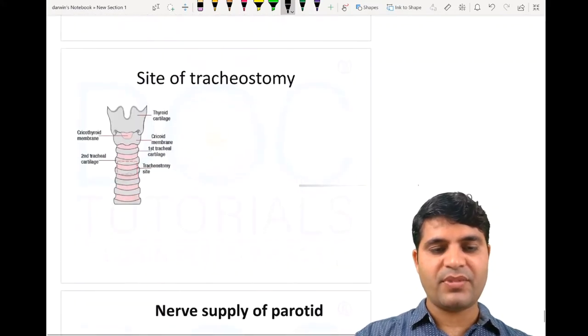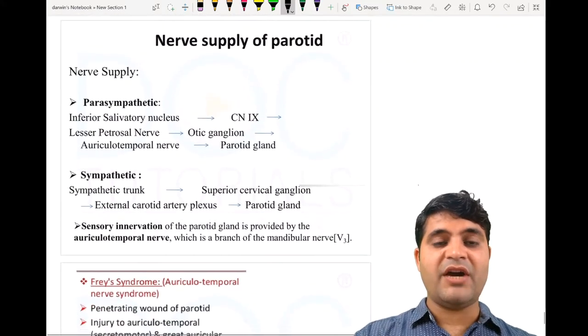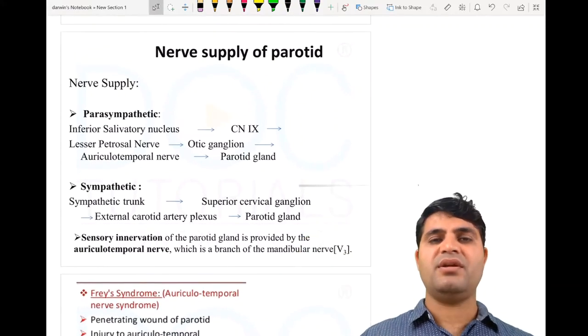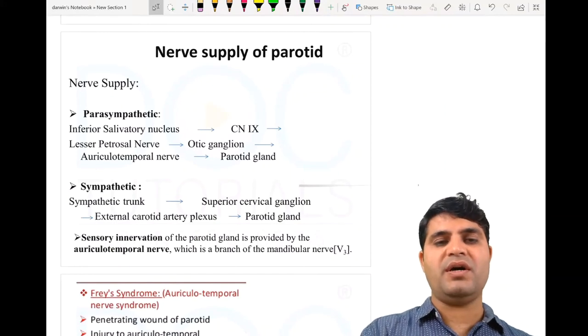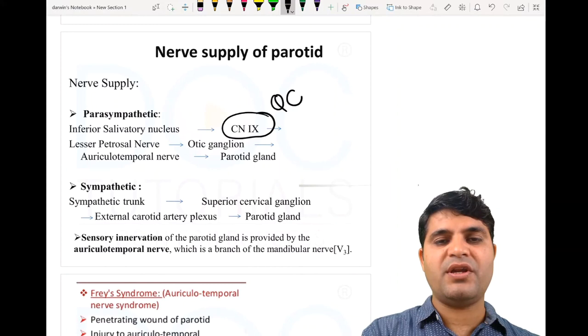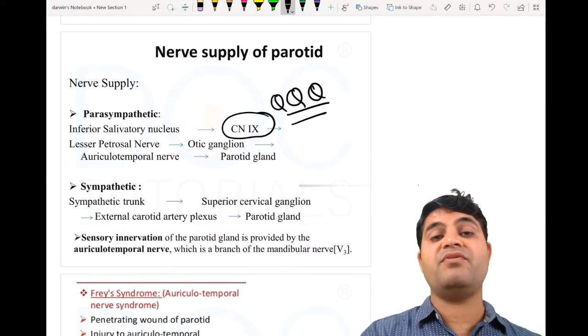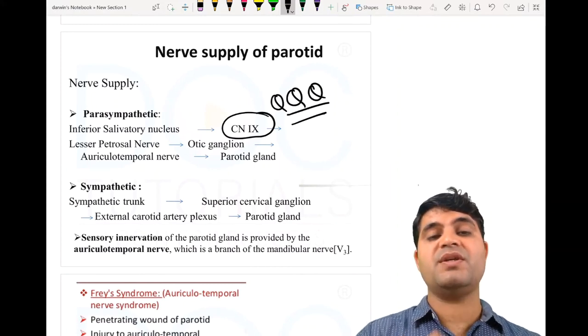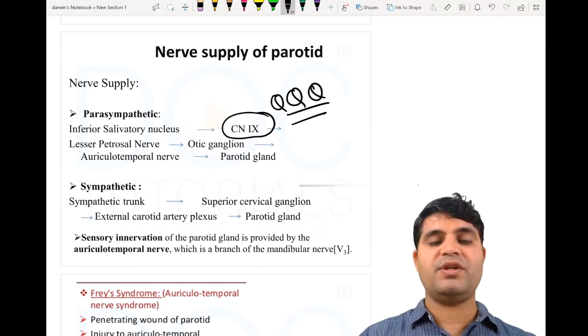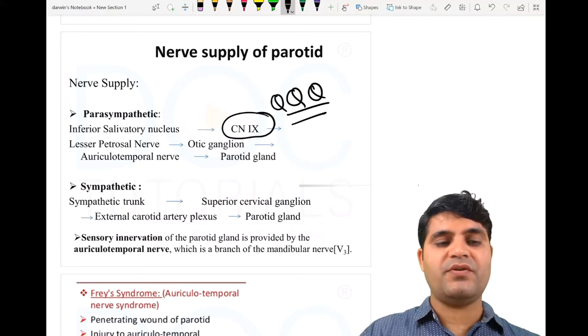I know. Clear? Yes, I have brought you this slide of parotid because this is very important. Every year I see this question being asked. So remember, in parasympathetic supply, this ninth nerve is very important, and this is the reason that whenever we have Frey syndrome, we cut this nerve over the promontory. That means the glossopharyngeal nerve, Jacobson's nerve.